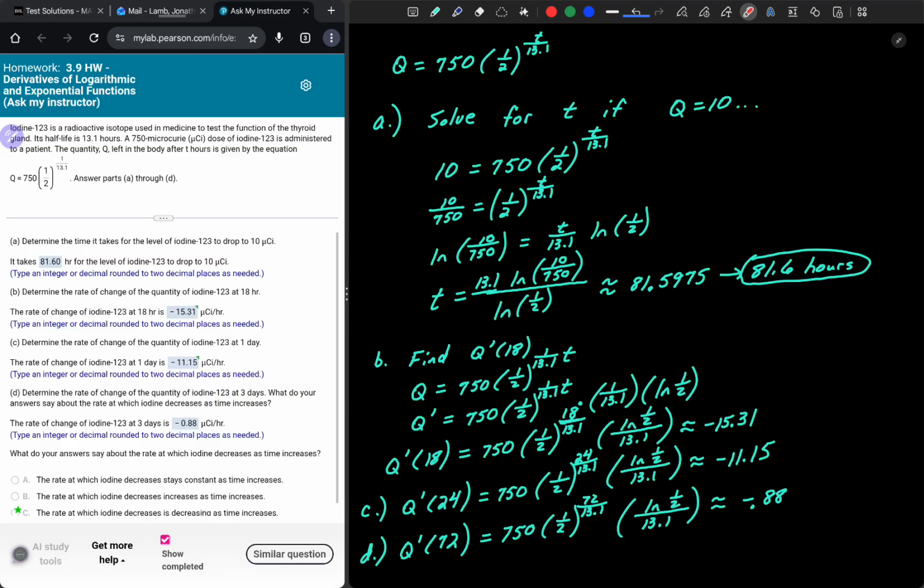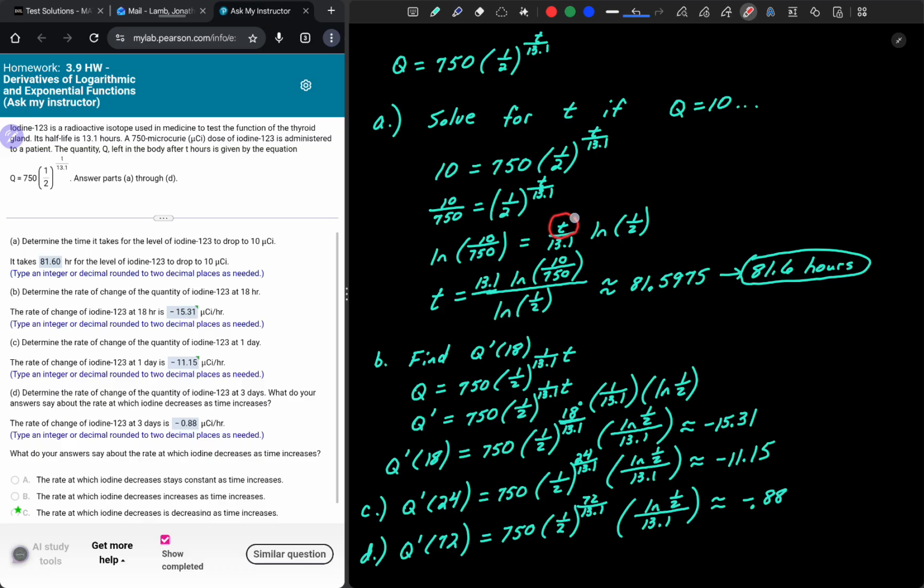When I took the natural log of the right, I went ahead and used the principles of logarithms that said, well, if you're going to take the natural log of the right-hand side, then its exponent can and should come down in front of it. So the natural log of the right-hand side is the exact same thing as the natural log of 1/2 times t over 13.1. Now, this was the key point in solving this exponential equation for t.